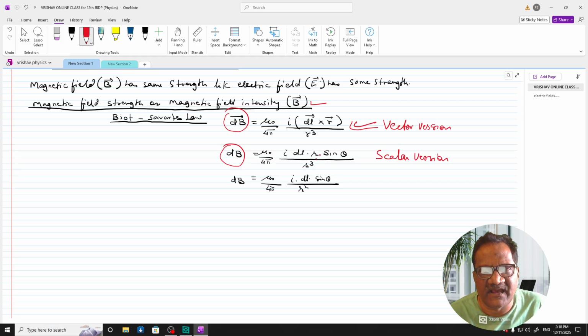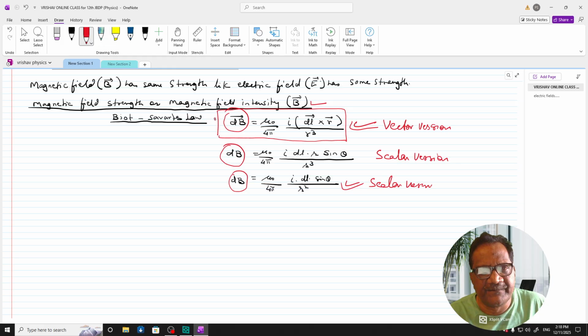This r from the top will go away, and you will get the final formula for the scalar version: mu 0 upon 4 pi I dl sine theta, and instead of r cube you will get r square. So these are the two big formulas which will help you in determining the magnetic field intensity.